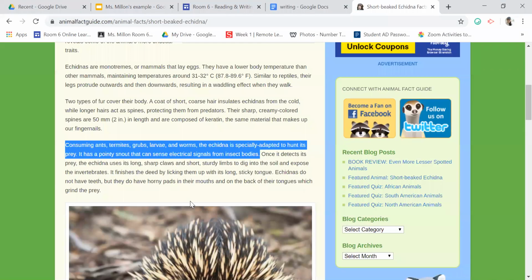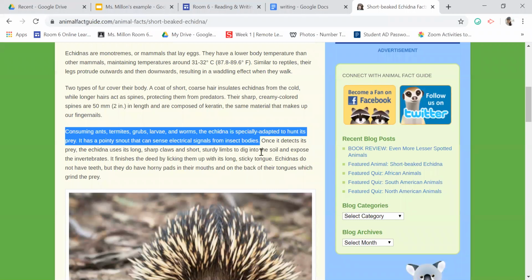Okay, it's interesting. And then they also tell us that once it actually finds the prey, it says once it detects the prey, the echidna uses its long, sharp claws and short, sturdy limbs to dig into the soil. So those long, sharp claws, I'm thinking the author doesn't say this is an adaptation, but if you think about it, they need those to survive. So I'm going to include that in there as well, that they have these long claws.